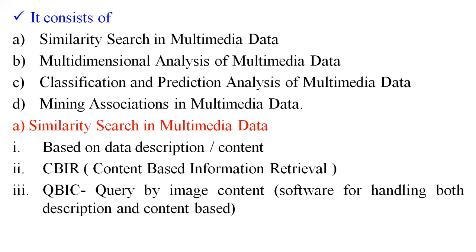Coming to the first one, similarity search in multimedia data. How can you identify the similarity here? Previously, in the clustering approach, you identified the similarity between two objects based on Euclidean distance. Here, the similarity in multimedia data is based on the data description or content.